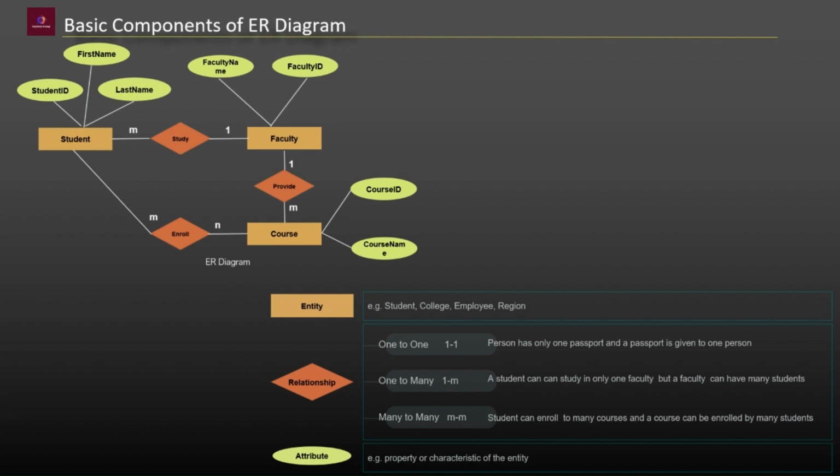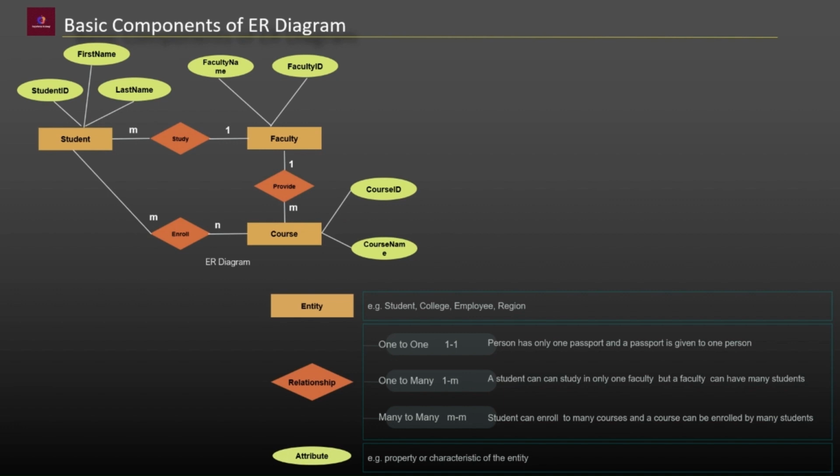That is why it is represented as the one side. Think a little bit out of the box. A customer can place many orders, but a specific order cannot be placed by many customers. Now let's look at the many to many relationship. Many rows of the first table are associated with many rows of the second table.